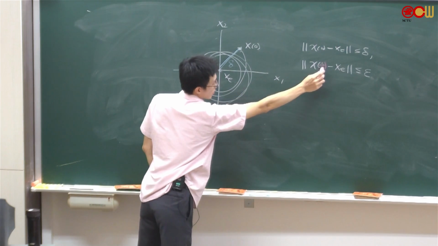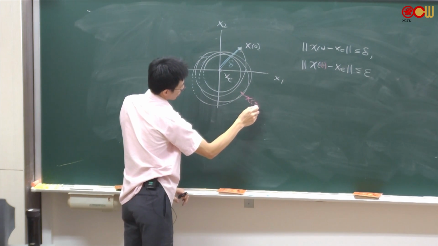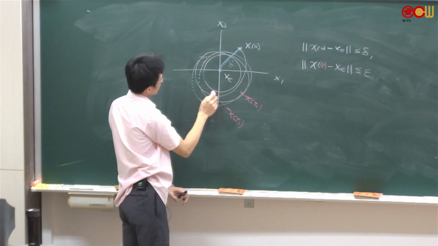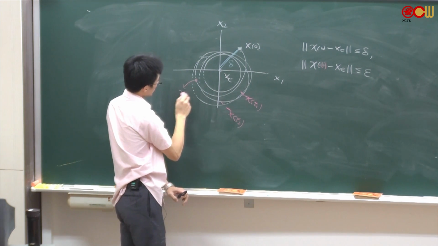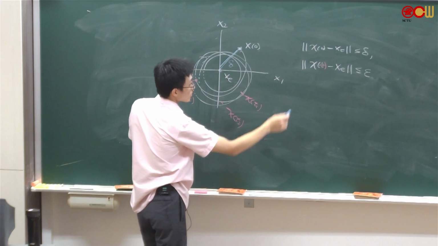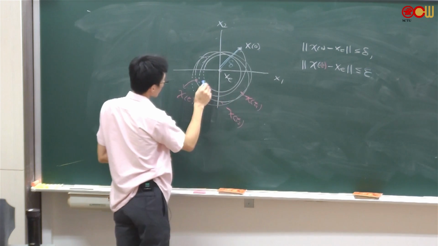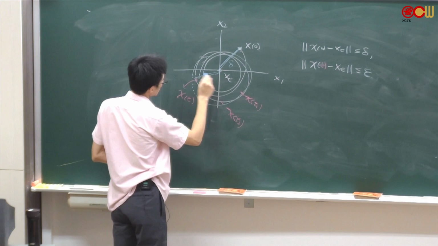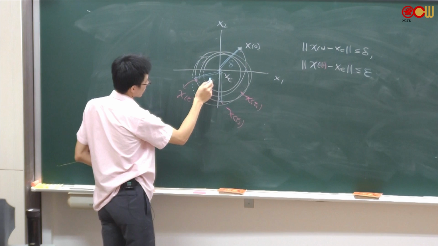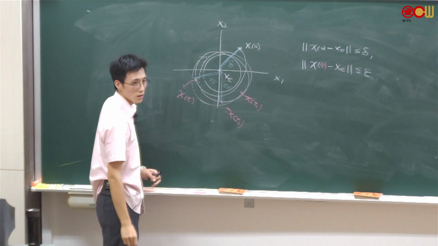Then for any time t, x(t) always remains within the distance of epsilon, which is greater than 0. If this distance is smaller than epsilon, then it's stable.